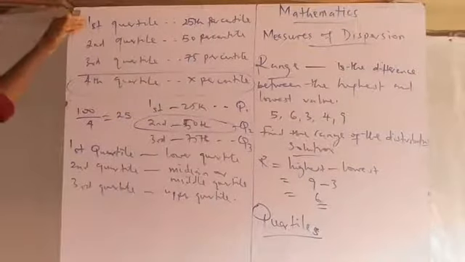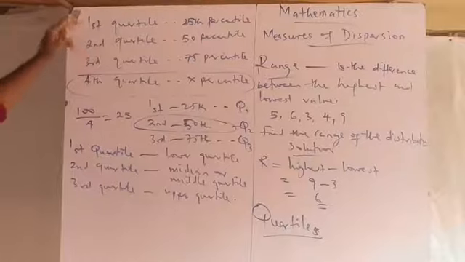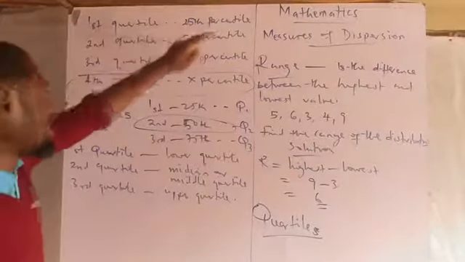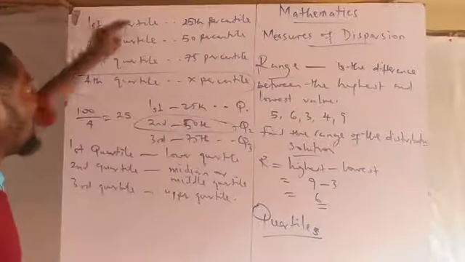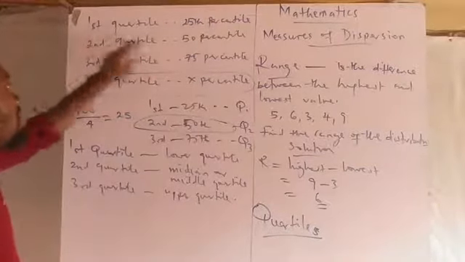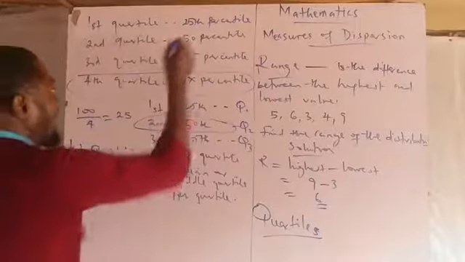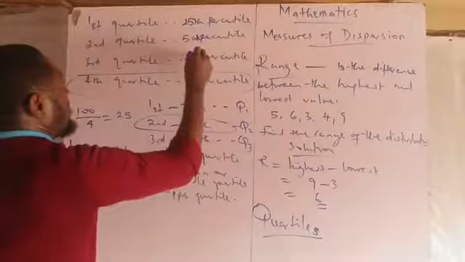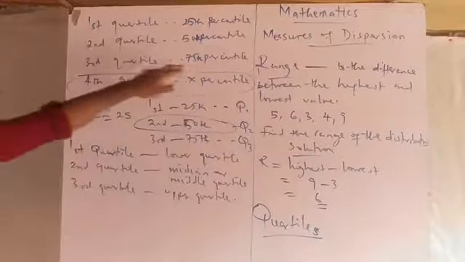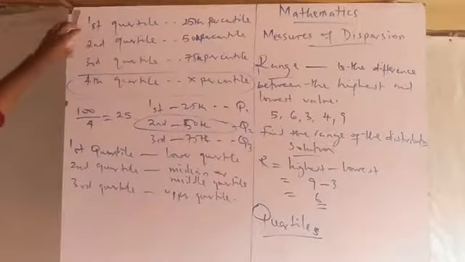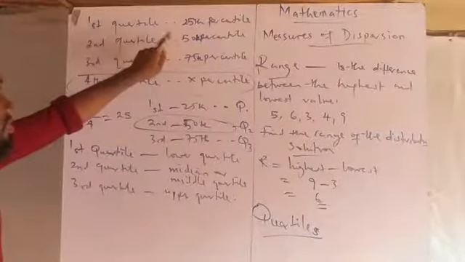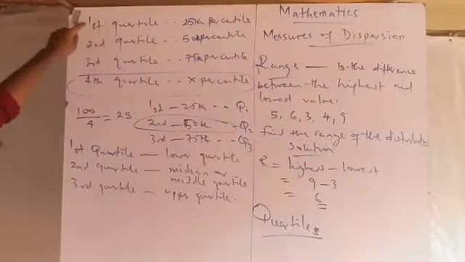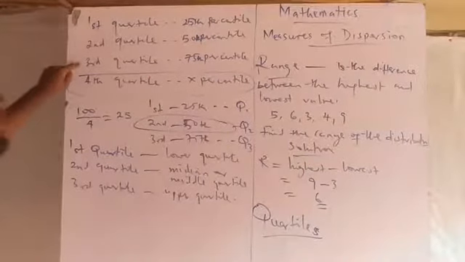The first quartile gives us the 25th percentile, because dividing 100 by 4 gives 25. The second quartile gives us the 50th percentile. And the third quartile gives us the 75th percentile. So the median or middle quartile is the one at 50, with the lower and upper percentiles on either side.